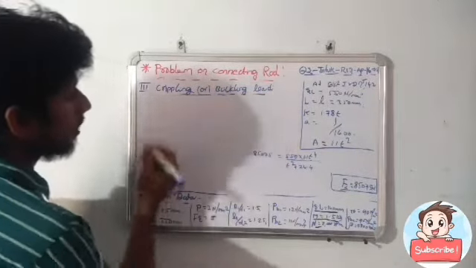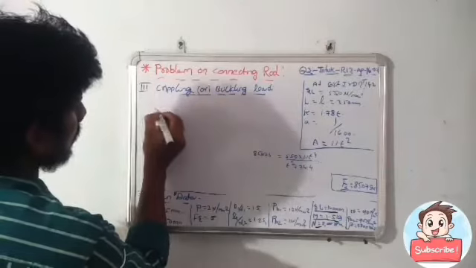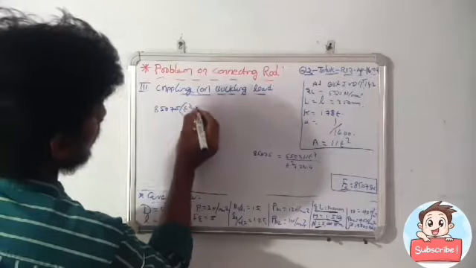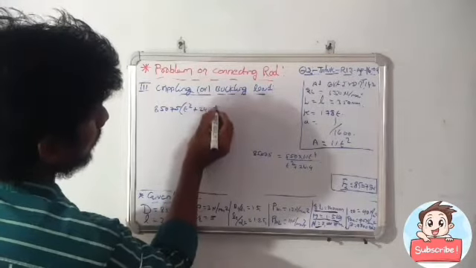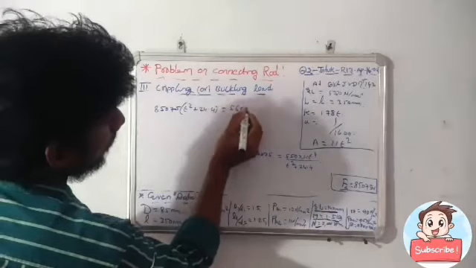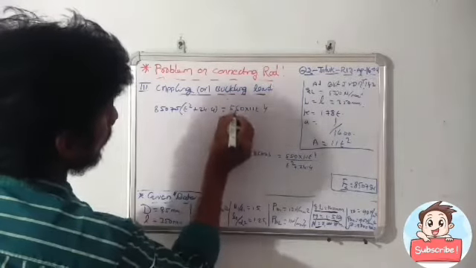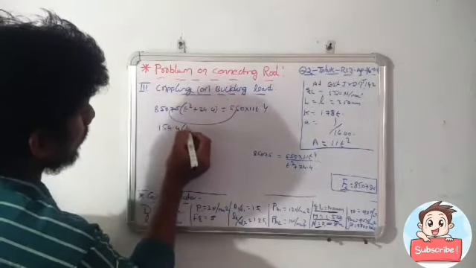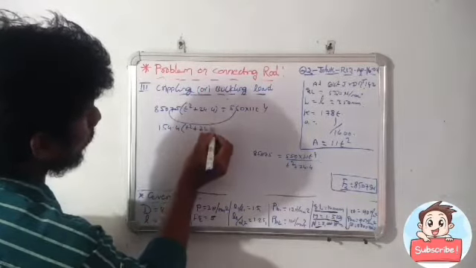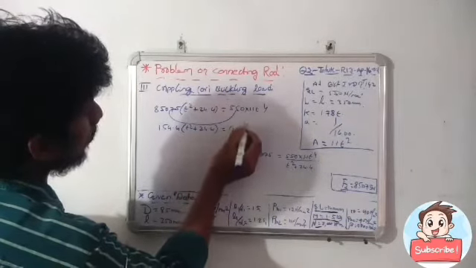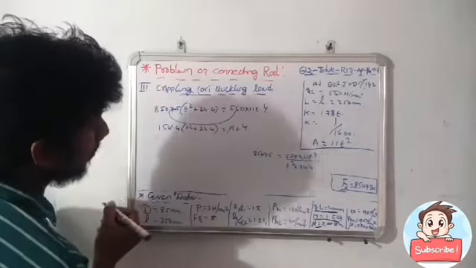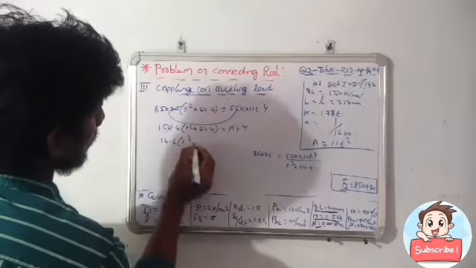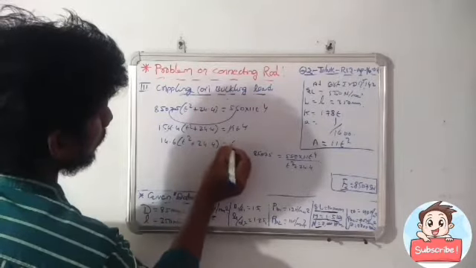So by simplifying this one, what we get here? 85075 into t square plus 24.4 something, that is equal to 550 into 11 to the power of 4. So by simplifying this one, 154.4 t square plus 24.4, that is equal to 11 to the power of 4. Again by simplifying with 11, 14.6 into t square plus 24.4, that is equal to t to the power of 4.